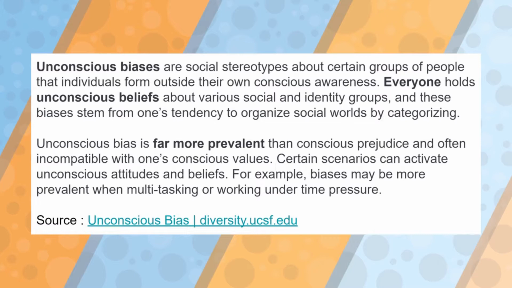Everyone holds unconscious beliefs about various social and identity groups, and these biases stem from one's tendency to organize social worlds by categorizing. Unconscious bias is far more prevalent than conscious prejudice and often incompatible with one's conscious values. Certain scenarios can activate unconscious attitudes and beliefs. For example, biases may be more prevalent when multitasking or working under time pressure.